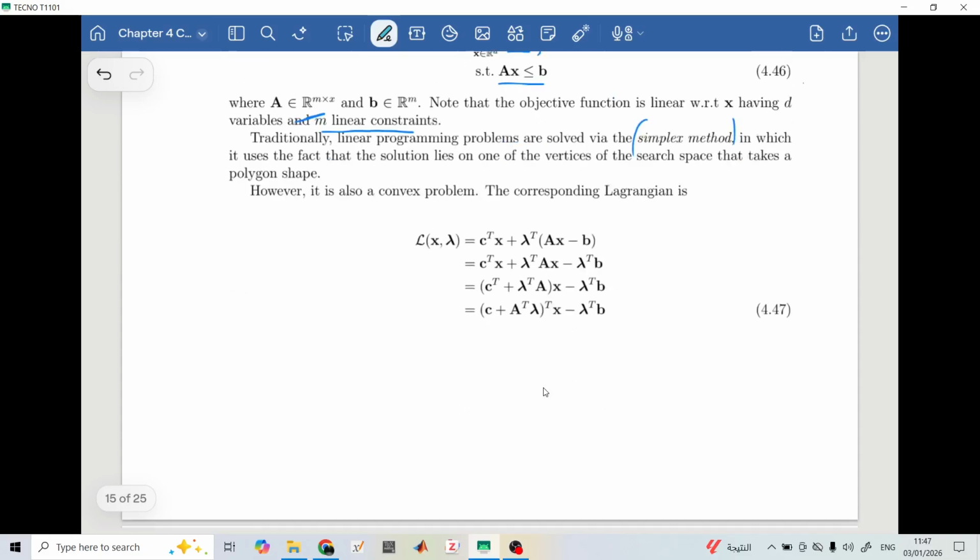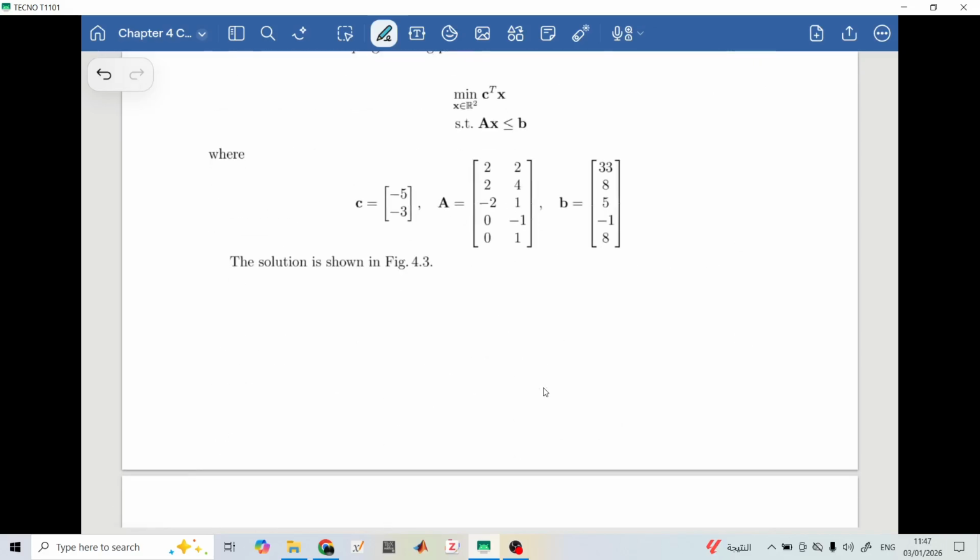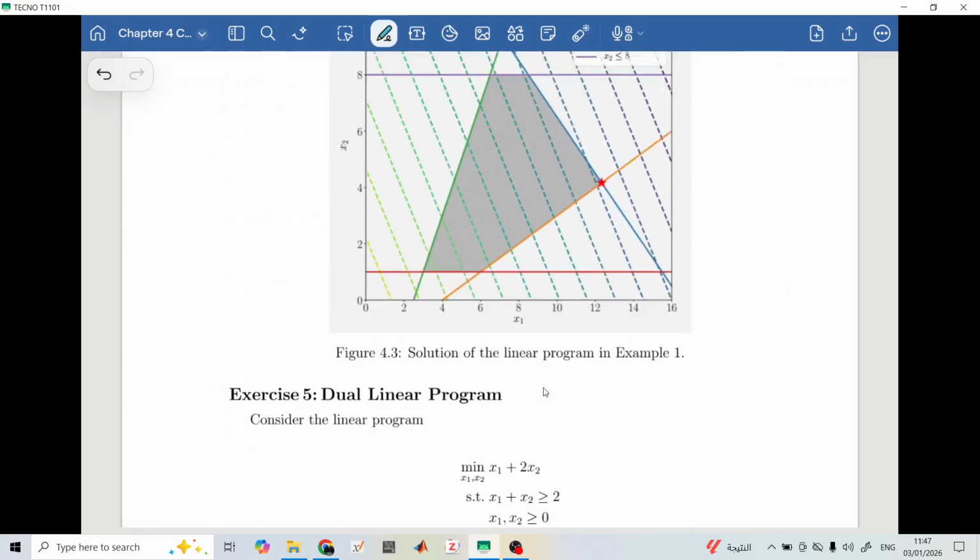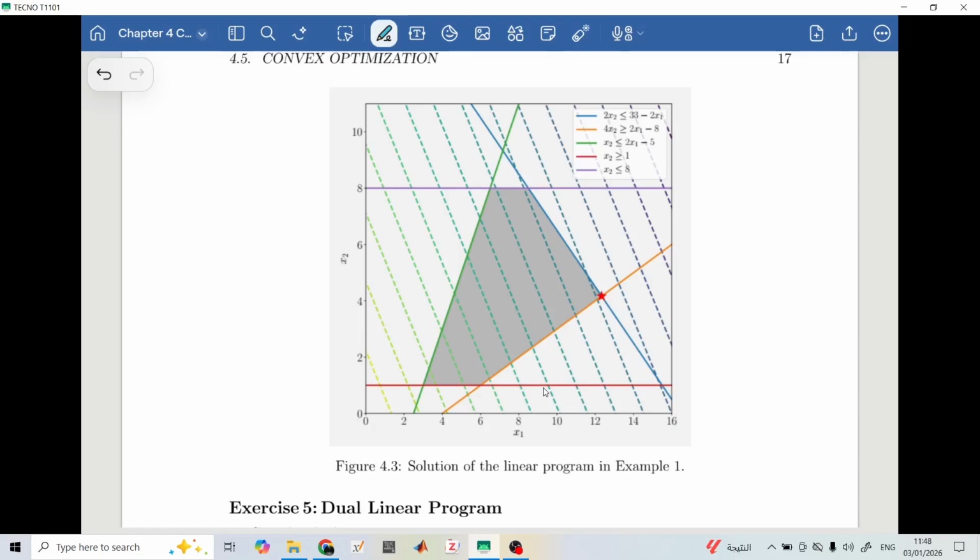If we visualize the problem, we have a shape here. For example, what is an LP problem? You optimize c transpose x. This is a plane, and if you don't constrain it, this plane is infinite.